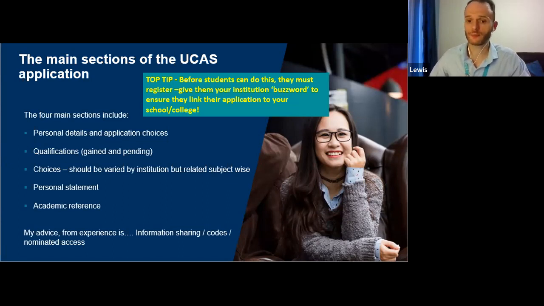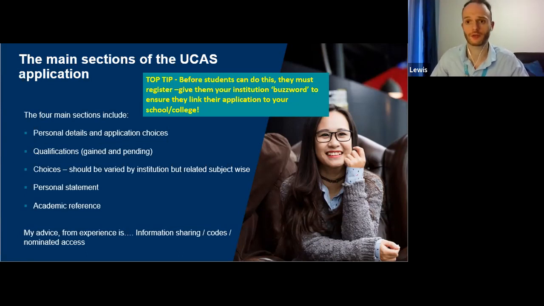It should include feedback on things like contribution in lessons, punctuality, academic ability, and suitability to the course. As a university and as a schools and colleges team, we do offer separate CPD workshops on academic reference writing. So just get in touch if you would like that, and we'd be happy to arrange. Other universities will also offer it, so we're here to support. So these are the main sections of their application.